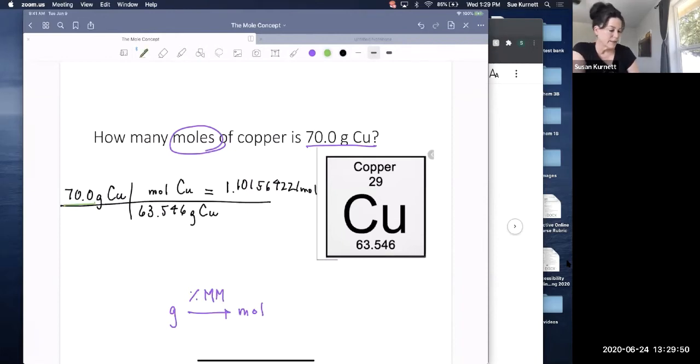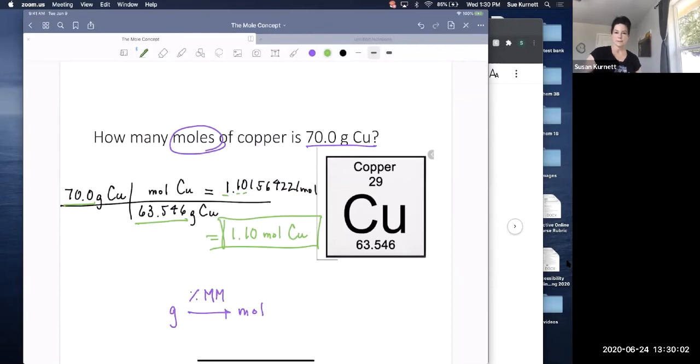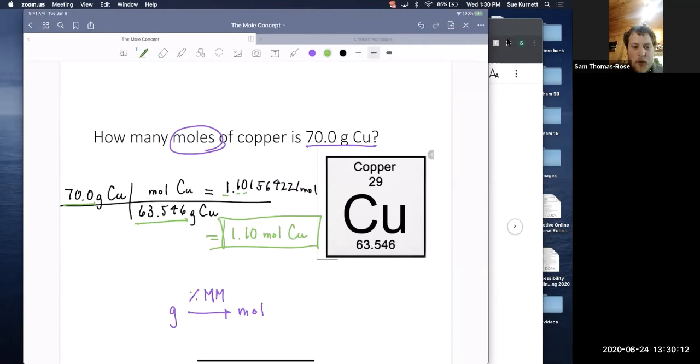Three sig figs, 5 sig figs, 1, 2, 3. Questions? Making sense so far? Okay, good.